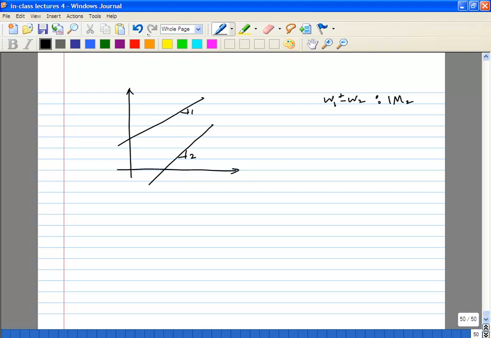Not always. Okay, you have to be careful. For a mixer, this is omega RF, this is omega LO. But what we are talking about is omega 1, omega 2 here. Remember, we model the mixer as something like this.